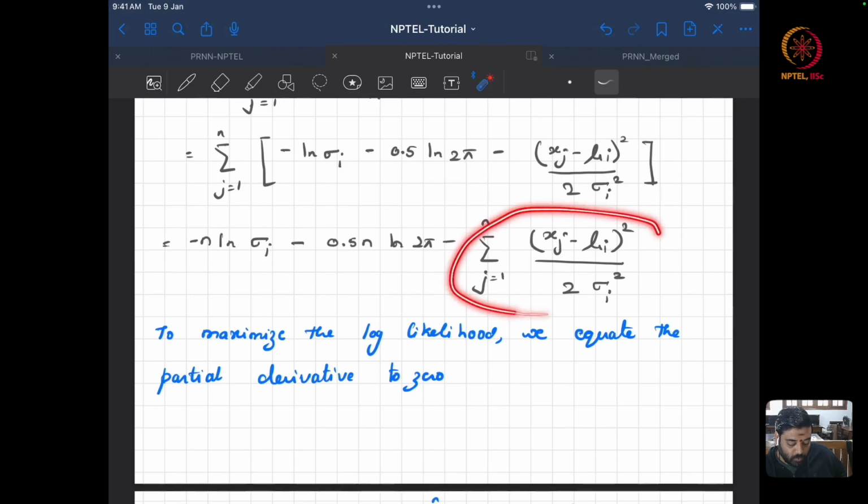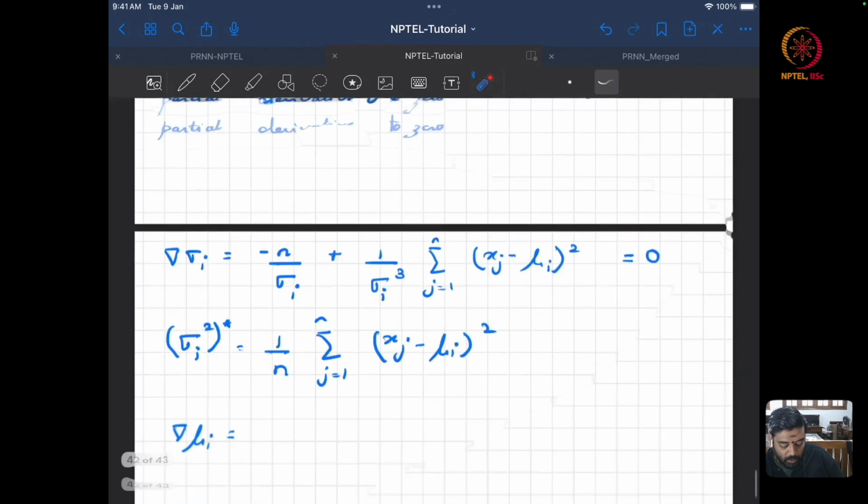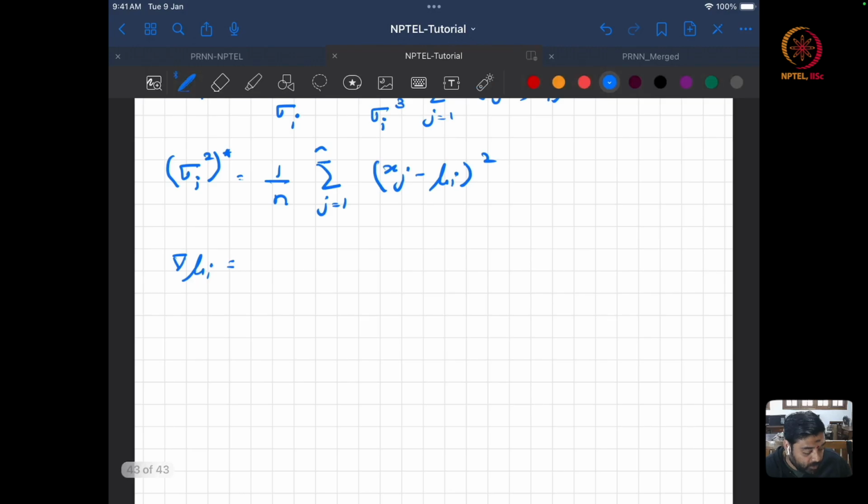So now you have to take it with respect to mu i. This is a function of mu i, so it will be 2 times this, and then you take this, minus mu i. Okay, I will not go into how you take the derivative; all of you should be comfortable with that.